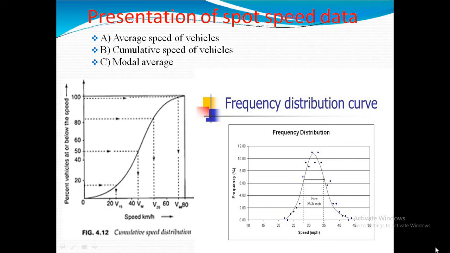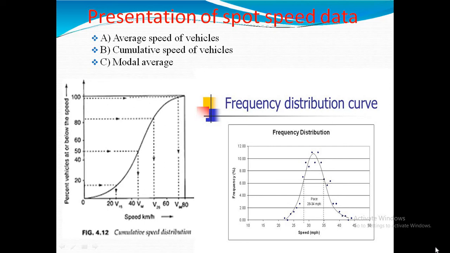And another point is, guys, the cumulative speed of the vehicle. A graph is plotted here with the average value of each speed group on the x-axis, and the cumulative percentage of vehicles traveling below different speeds on the y-axis.